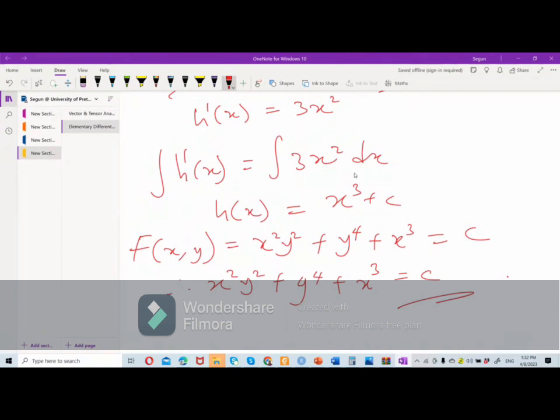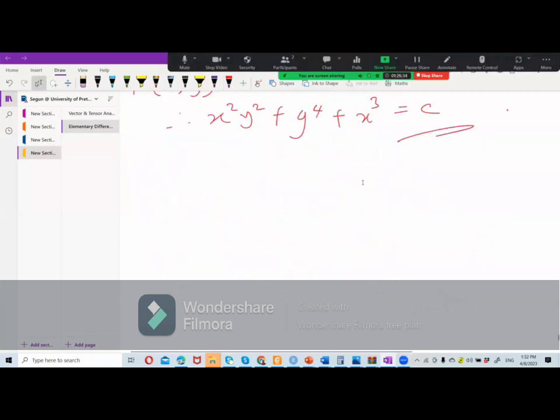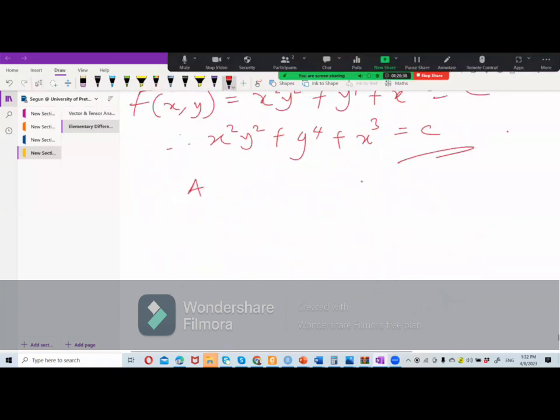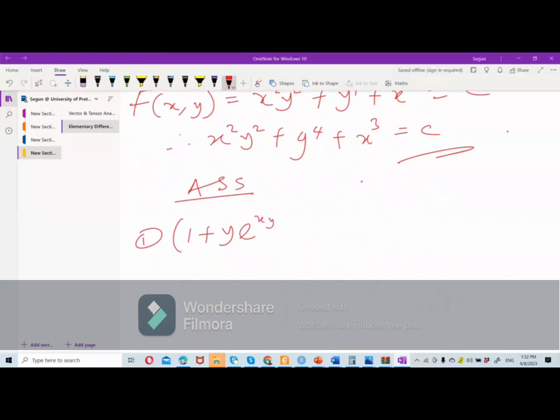So on your own, you can take your time and solve this one by yourself. And solve these assignments. Number 1, 1 plus y exponential xy dx plus 2y plus x exponential xy dy equals to 0.